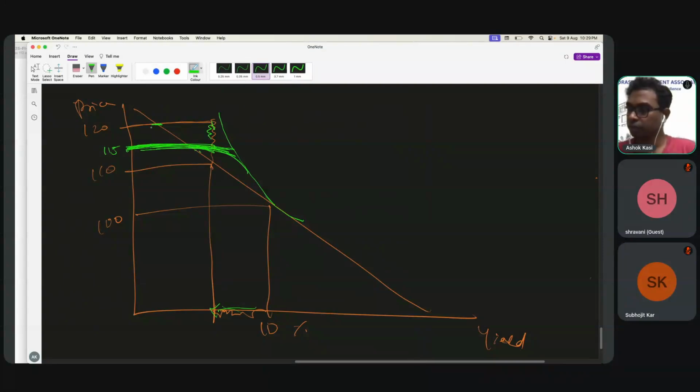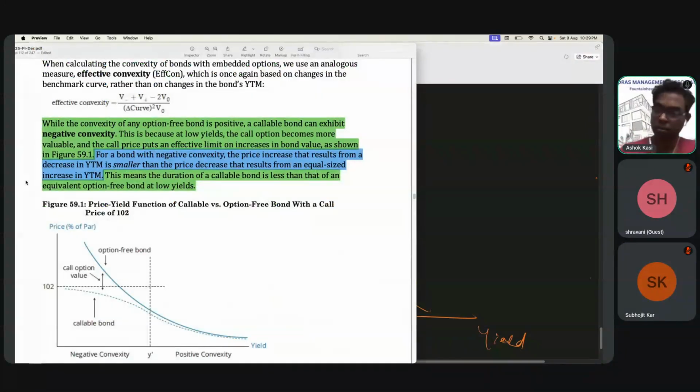It should come here, but it is stopping here. Is it okay? Fine.